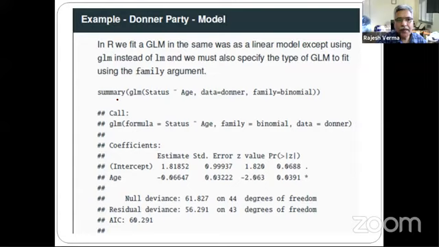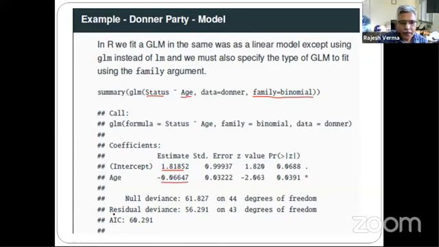We use in R this function GLM, where status is the response variable and age is the explanatory variable. Then we also specify family equal to binomial. Then we use GLM. Then we get the model as we get an intercept, and we get the slope of the age. Right.